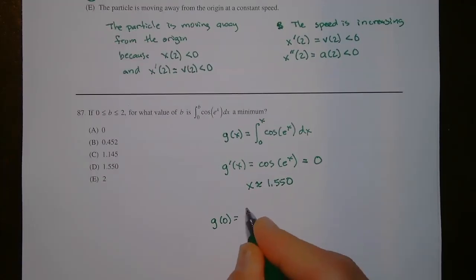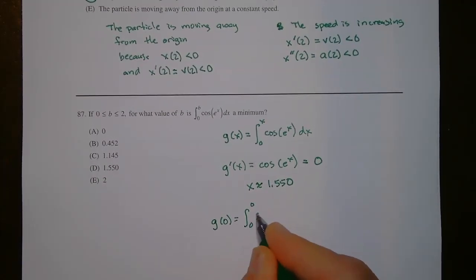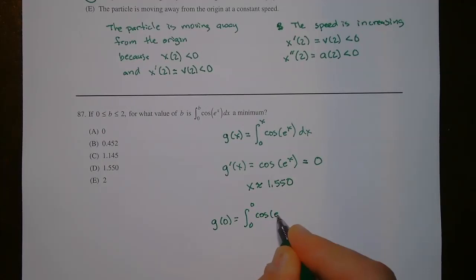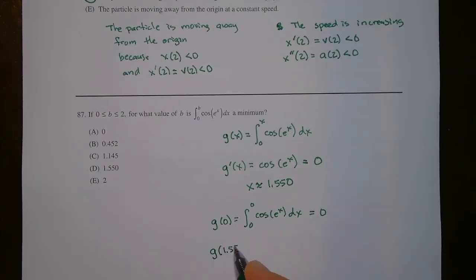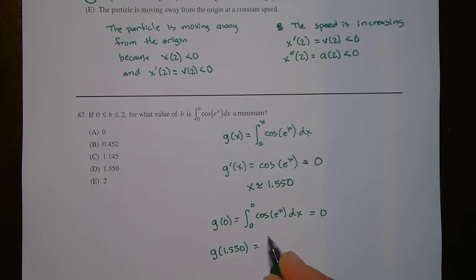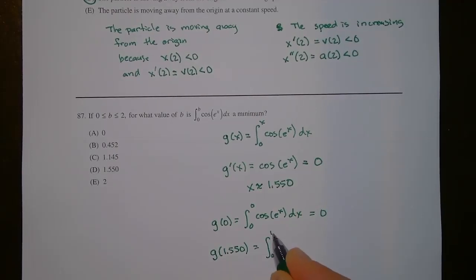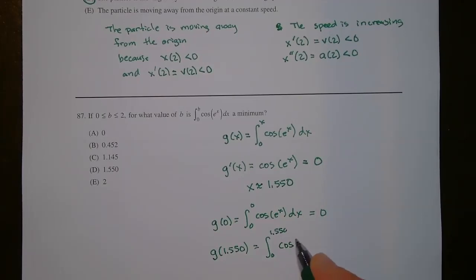And g of 0 is the integral from 0 to 0 of cosine of e to the x dx. And because we're integrating from 0 to 0, we know that's 0, right? And then we need to do g of 1.550, and that'd be the integral from 0 to 1.550 of cosine of e to the x dx.